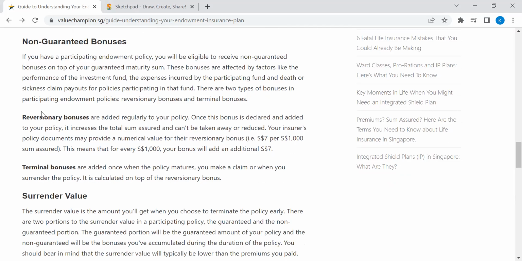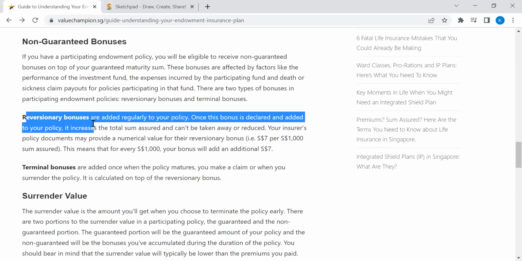There are two types of bonuses. One is the reversionary bonus, the other is the terminal bonus. Reversionary bonuses are bonuses that are declared regularly to your policy, usually once a year, and once they are declared, they will not be taken back.